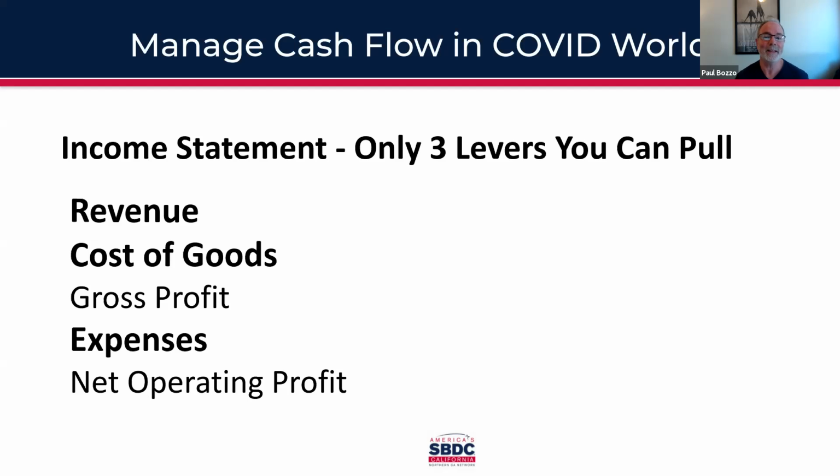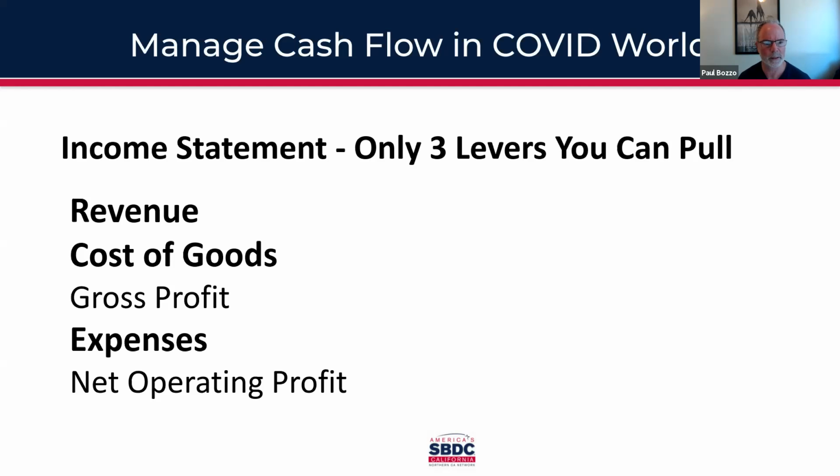So the only three levers you can control are the amount of sales that come through the door, the direct costs of labor and materials to produce those sales, so for a restaurant it's primarily the food costs, and if you're a service-based business, your cost of goods would be very low, and then your expenses. Those are the three levers you can pull as a business owner related to your core business.